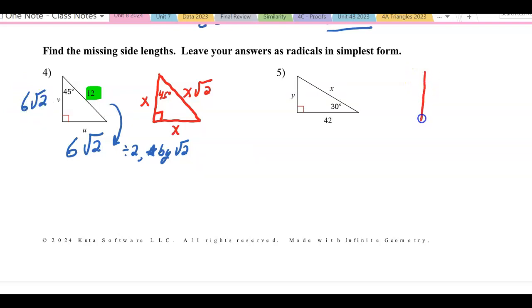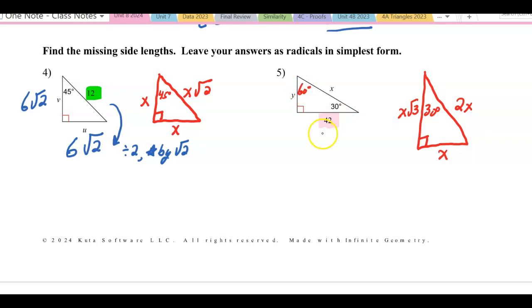In problem number 5, this is a special 30, 60, 90. And the formula was x, 2x, and x root 3. So this number 42 is the long leg, which is across from 60.